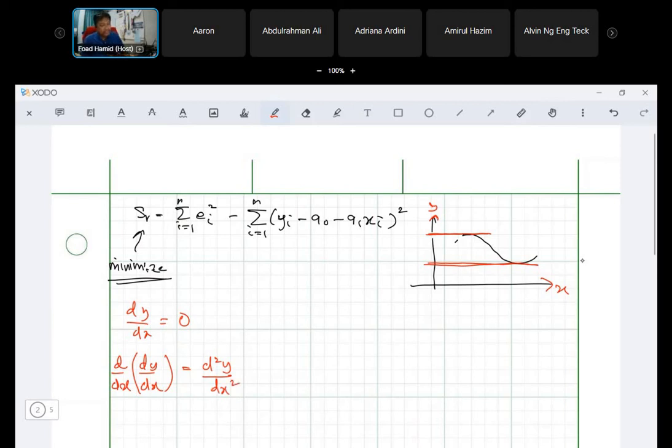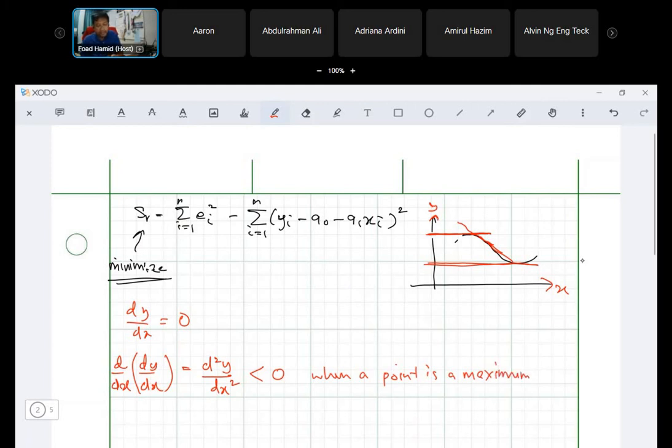The slope initially is flat, and when x increases, the slope goes this way, and this way. So it should be a negative value when a point is a maximum.